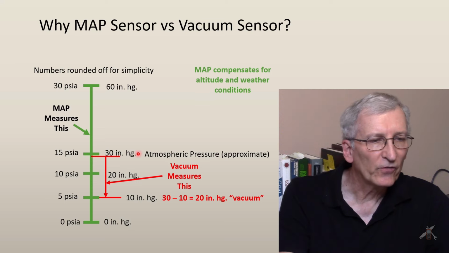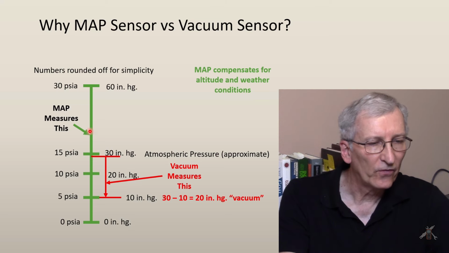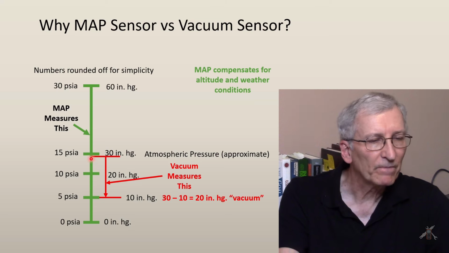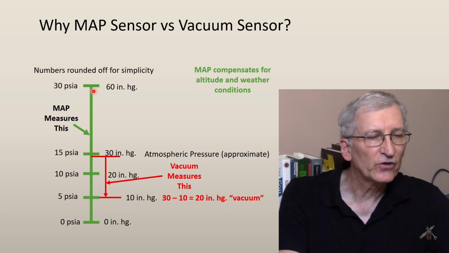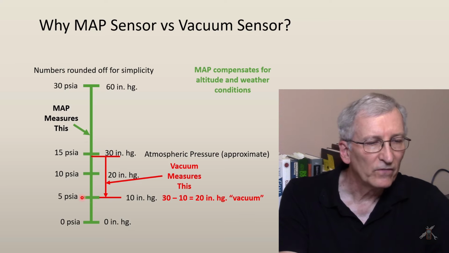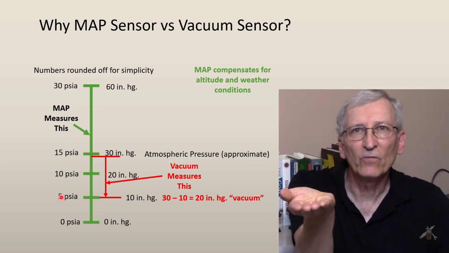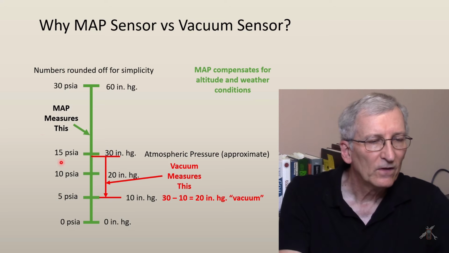Atmospheric pressure is around 15 pounds, or 30 inches, and MAP measures the numbers on this scale. If you had a turbocharged engine with so many pounds of boost, you'd be above atmospheric pressure. This is where I talked about the coin being one side or the other, right?